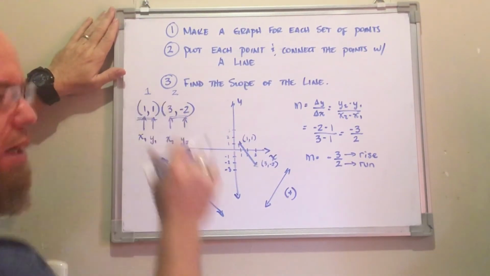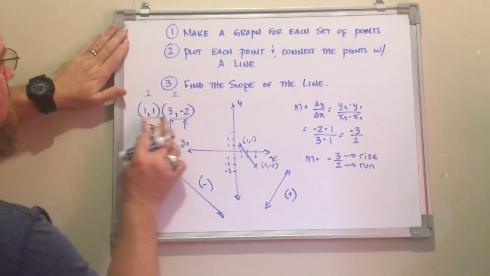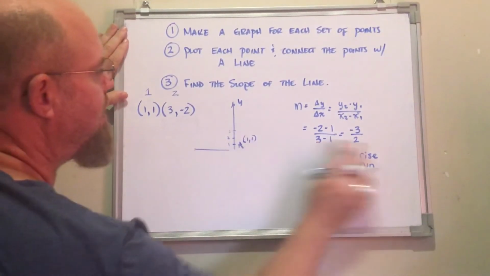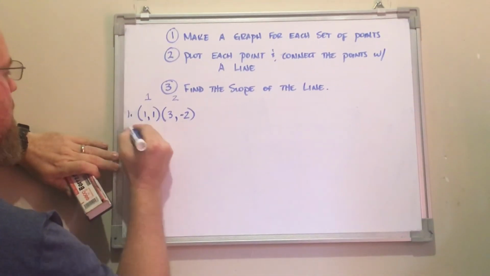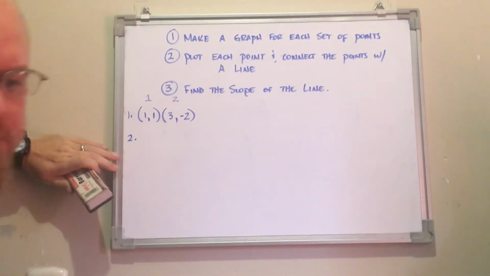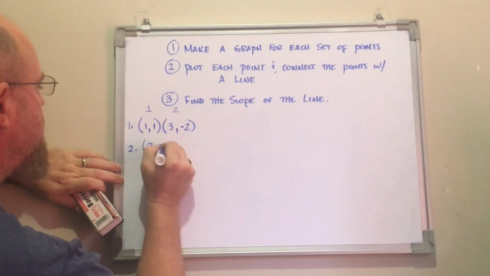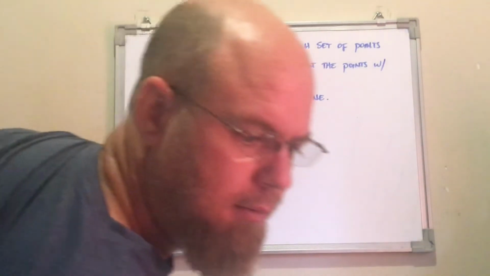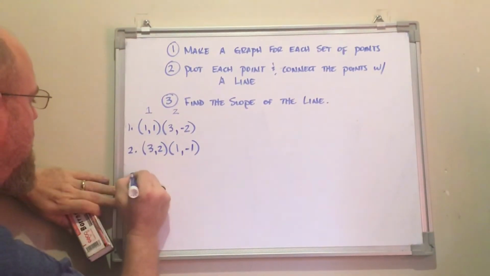Okay? So that's what I want you to do, and I'm going to give you a series of points. So the first one is going to be the same one I just did. All right? That's number 1. Number 2, we're going to do 3, 2, and 1, negative 1. 3.